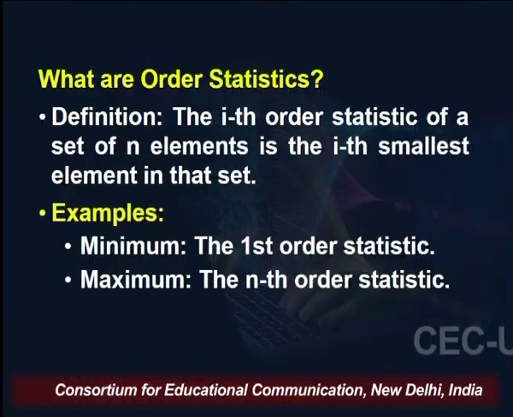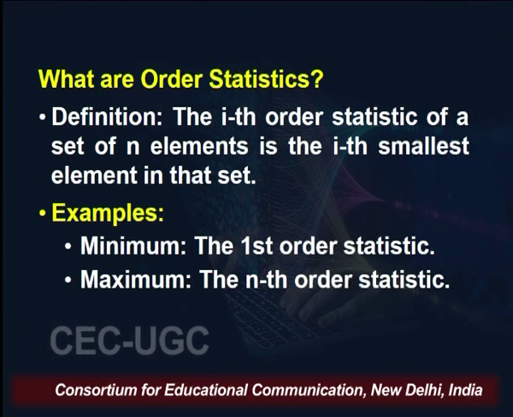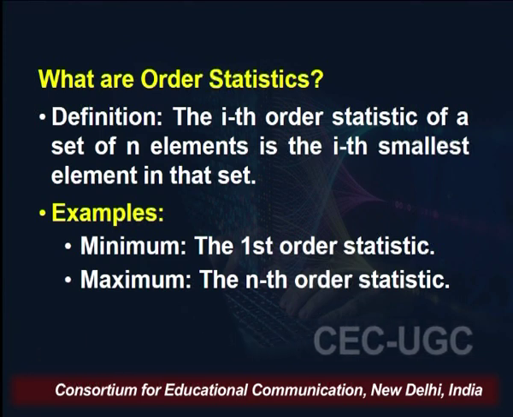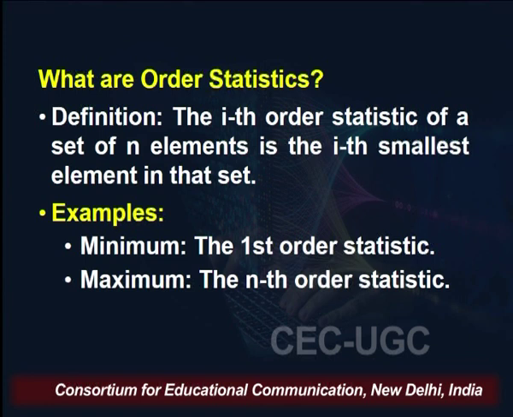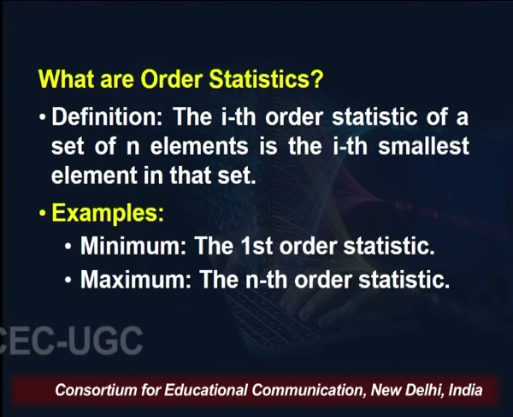As far as order statistics is concerned, that is something which we need to understand, or which we need to learn. Order statistics, if we go by definition: the ith order statistic of a set of n elements is the ith smallest element in that set. Common examples corresponding to this definition are minimum and maximum.